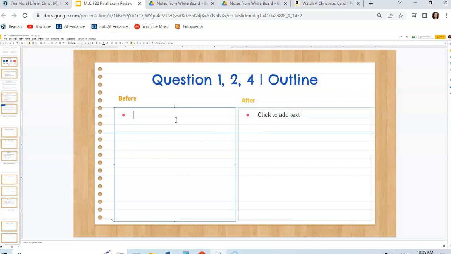So the first thing you would want to do is say, what was Scrooge like as a person before? So what would you say? What was he like? Yeah, he's selfish. We can give an example of that. For example, when he raised the price of corn, and the men at the stock exchange said, you can't do that, it's going to hurt the poor, and he's like, so what?